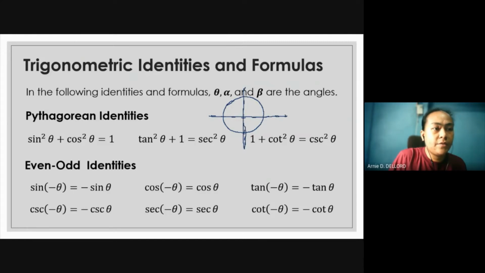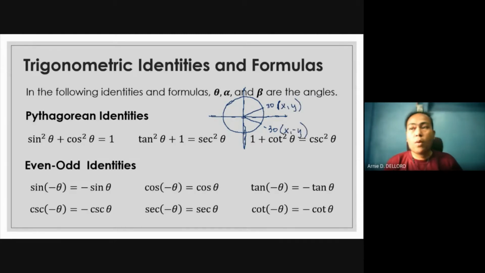Di ba, say for example, this is angle 30. And dito, kapag yung rotation ng terminal side is clockwise, this will be negative 30. Di ba yung dito sa first quadrant or yung angle na 30, ang coordinates niya ay x and y. Dito naman sa baba, we have x and negative y.